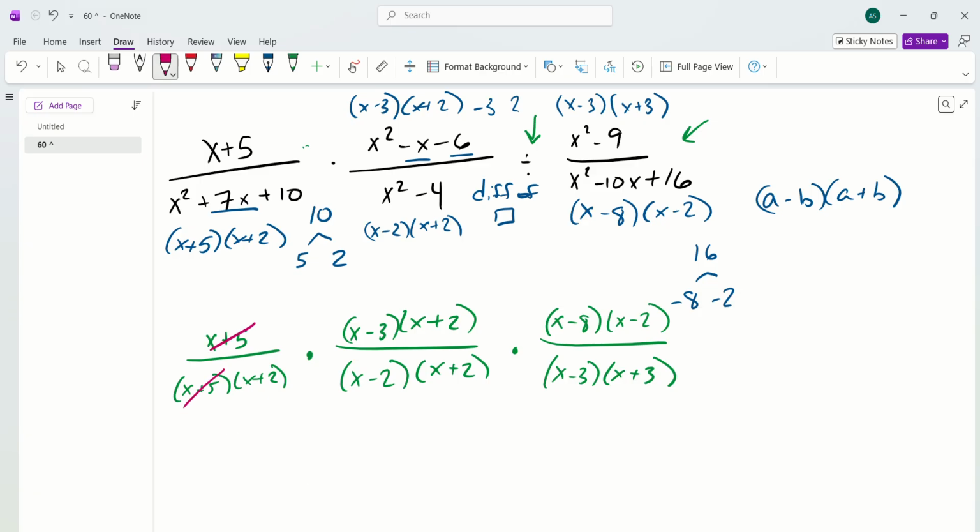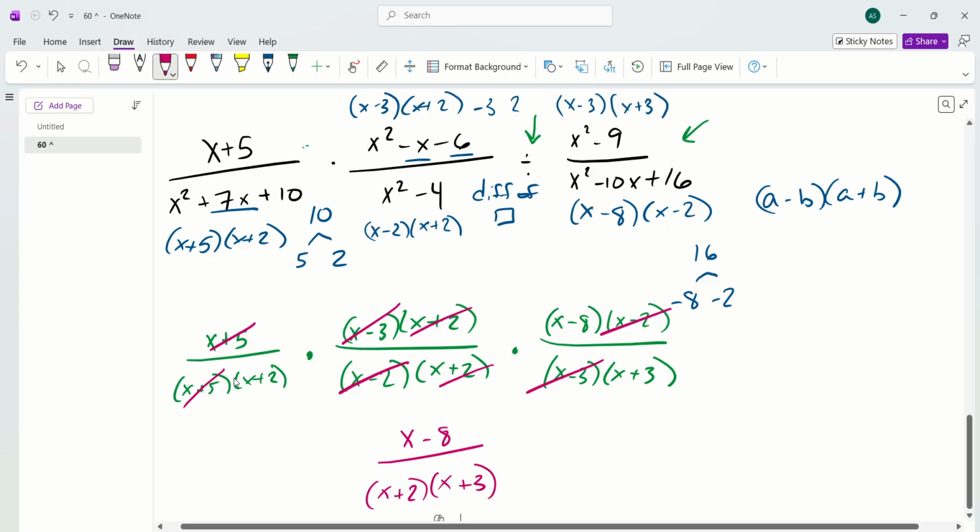So I see an x plus 5 and an x plus 5, x plus 2 and an x plus 2, x minus 3 and an x minus 3, and last but not least, x minus 2 over x minus 2, and that leaves me with x minus 8 over x plus 2, x plus 3 as my answer.